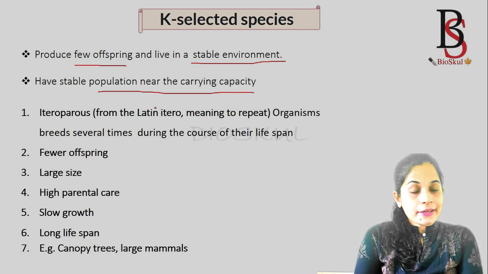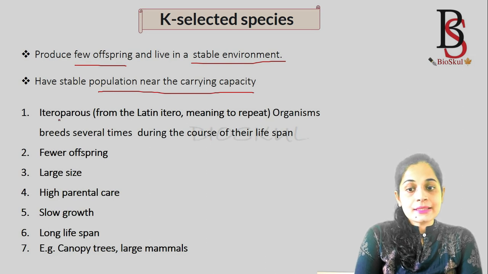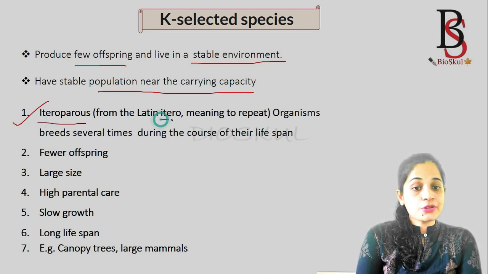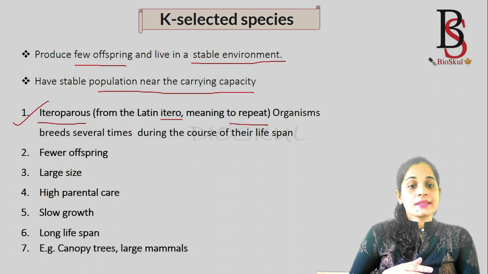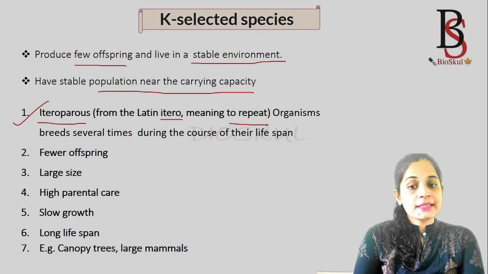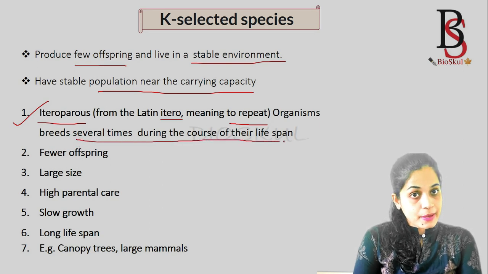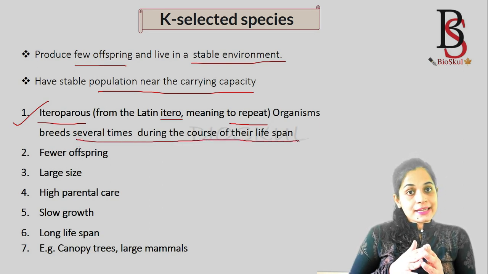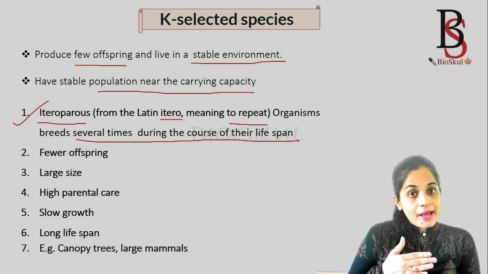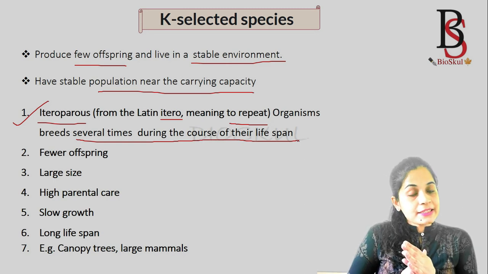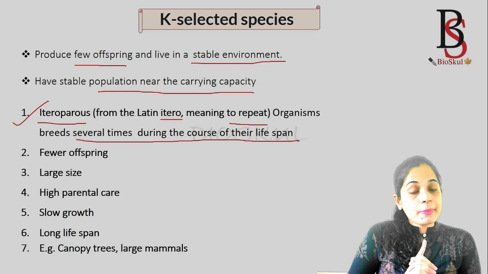What are the characteristics of K selected species? The K selected species are iteroparous. It is derived from the Latin word meaning to repeat, which means the organism breeds several times during the course of its lifespan. So the K selected species are iteroparous, whereas the R selected species are semelparous. This is a very important point, and please remember this one.